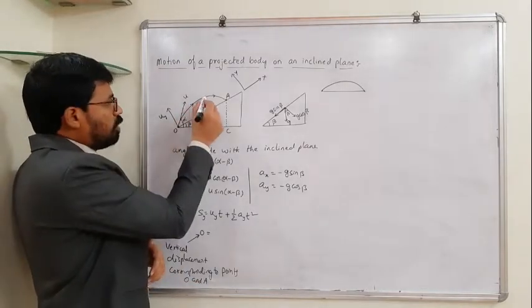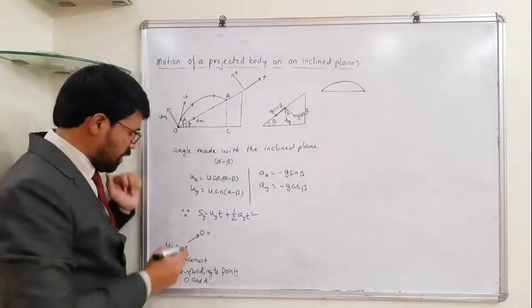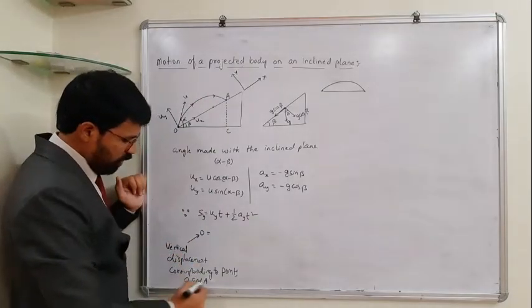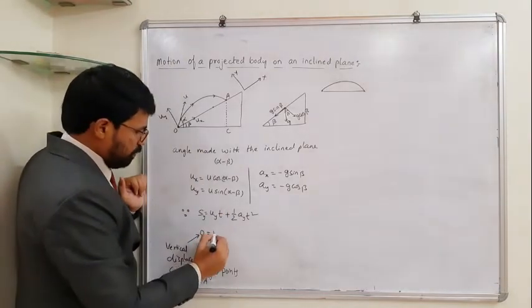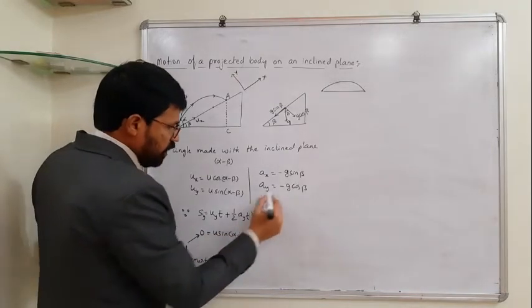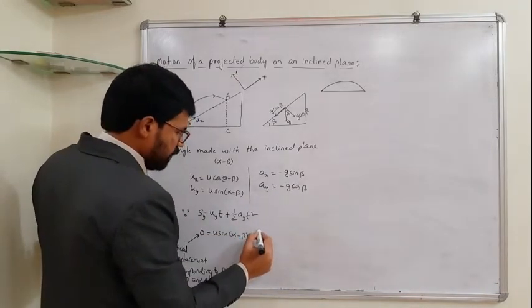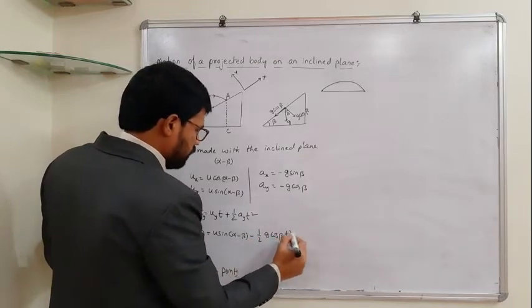If you are imagining an object somewhere here, there will be some vertical displacement, it won't be 0. So that I mentioned here. Uy is U sine alpha minus beta. Ay is negative, right? Minus half g cos beta into t square.